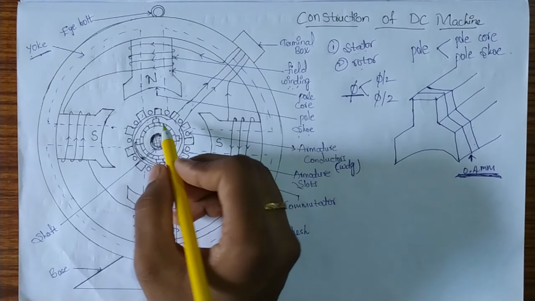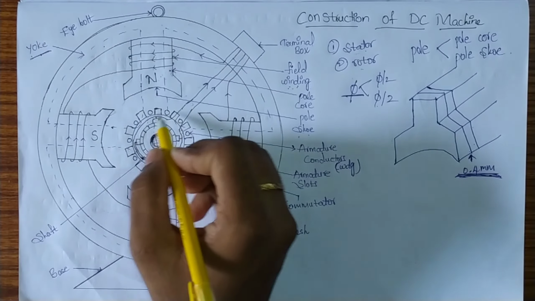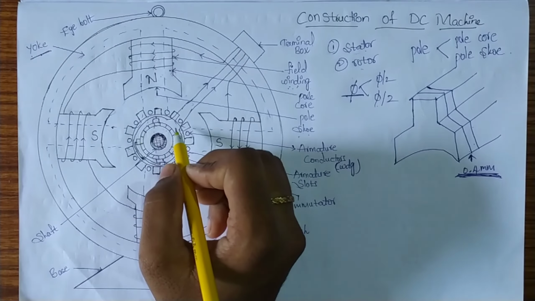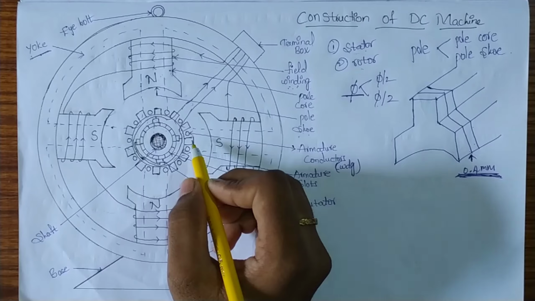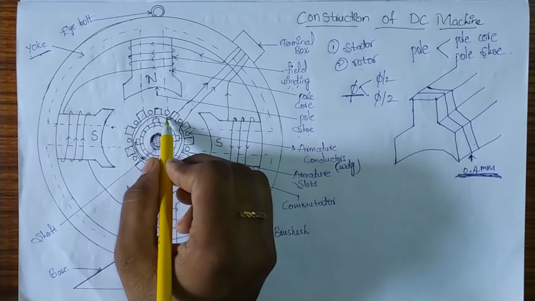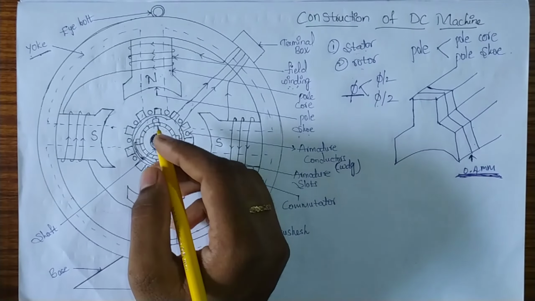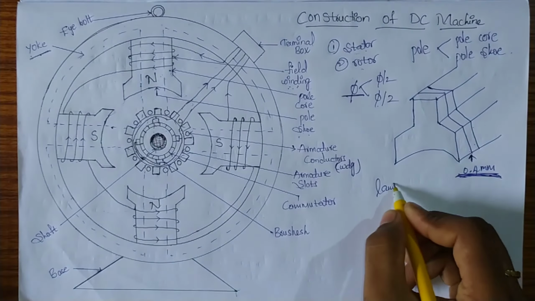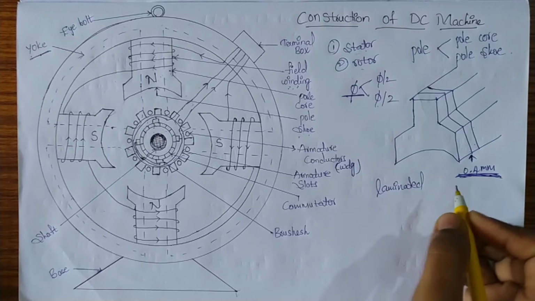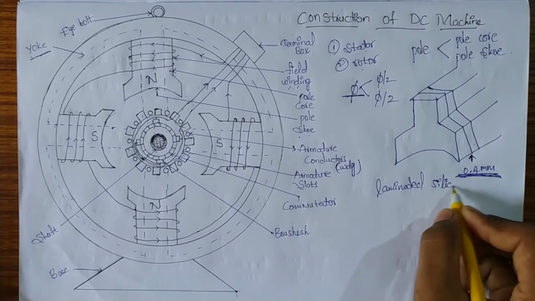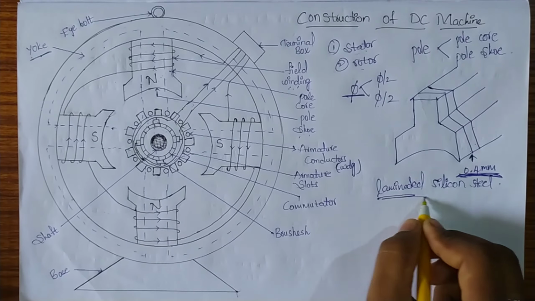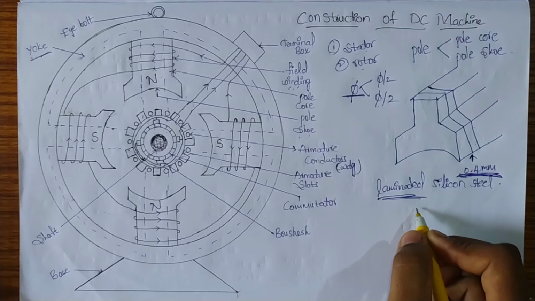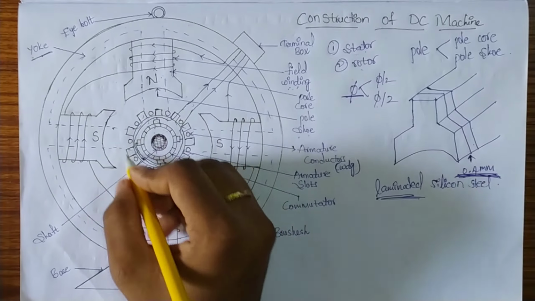And next coming to the armature part. The armature is cylindrical with slots. It is mainly made up of laminated silicon steel. The lamination is done to reduce the eddy current losses produced in the armature core.